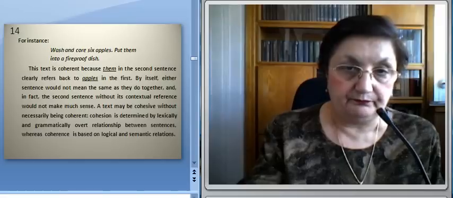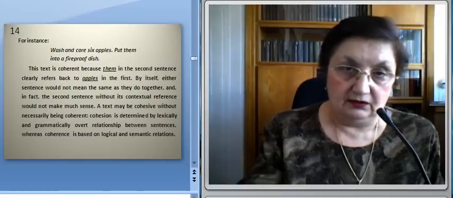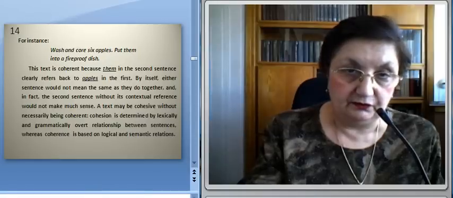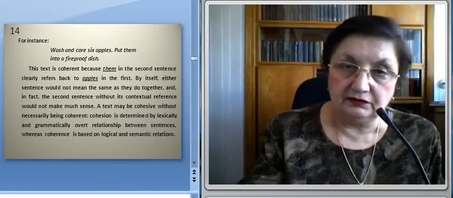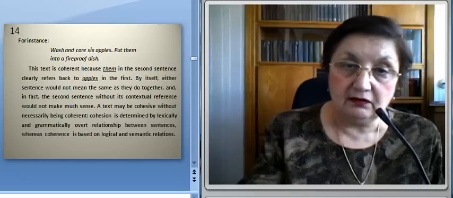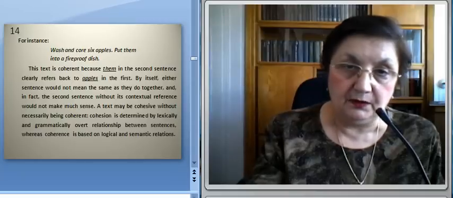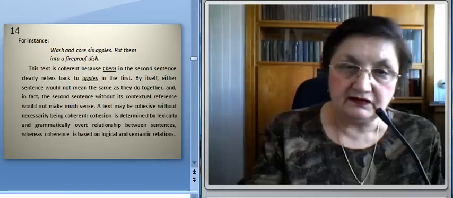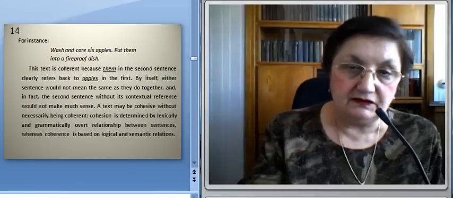This text is coherent because "them" in the second sentence clearly refers back to "apples" in the first. By itself, either sentence would not mean the same as they do together, and in fact, the second sentence without its contextual reference would not make much sense.